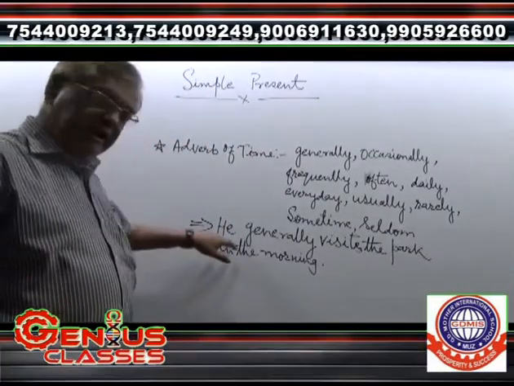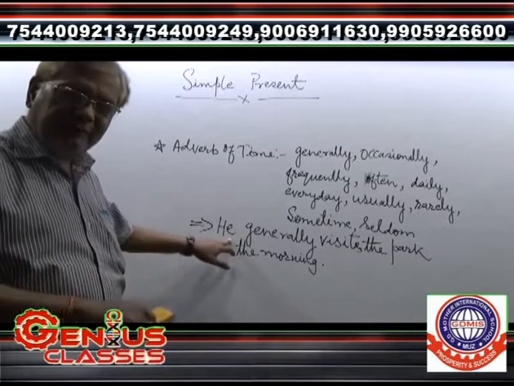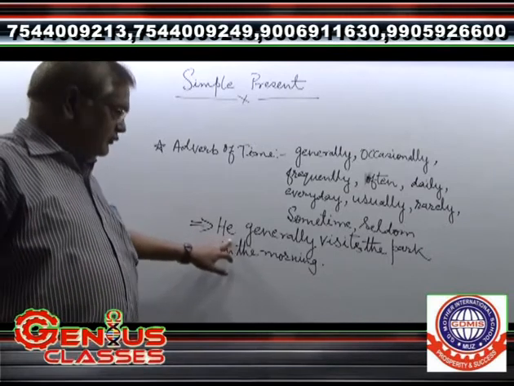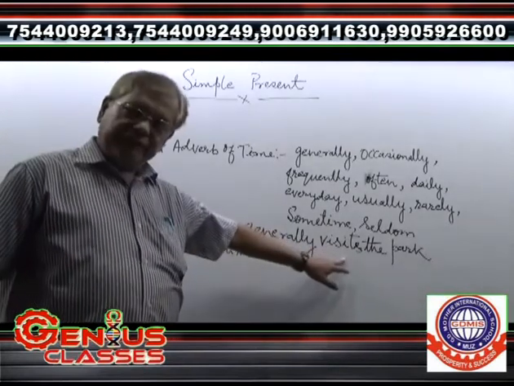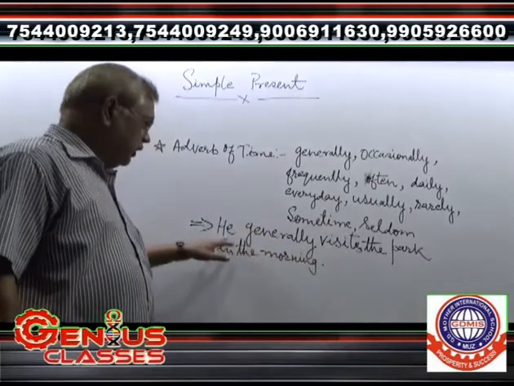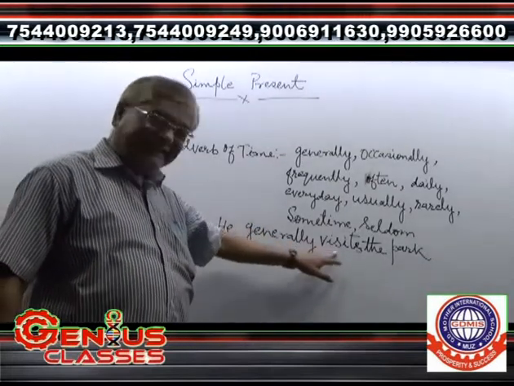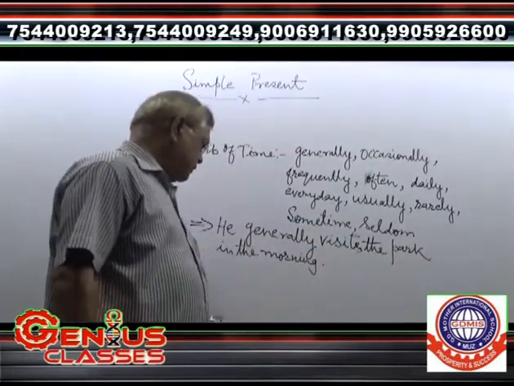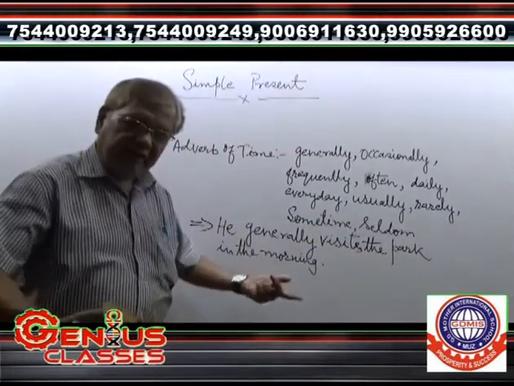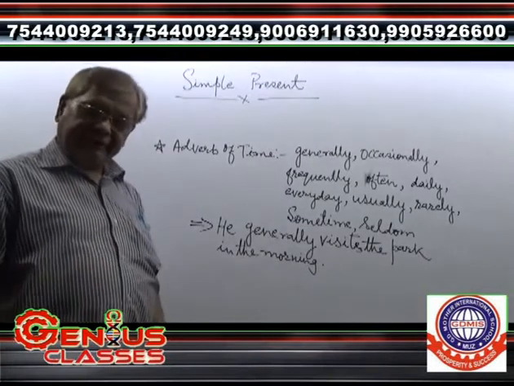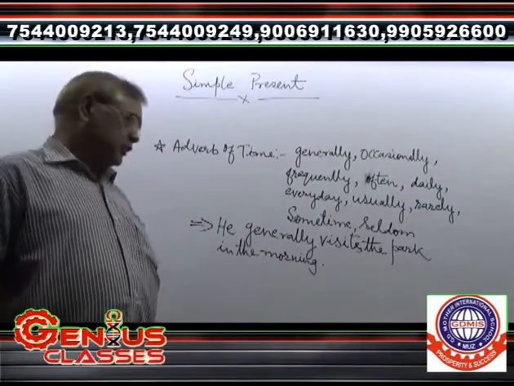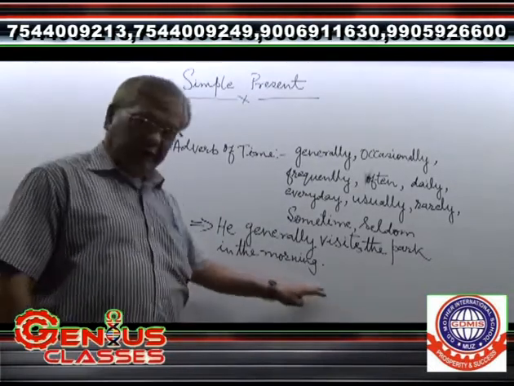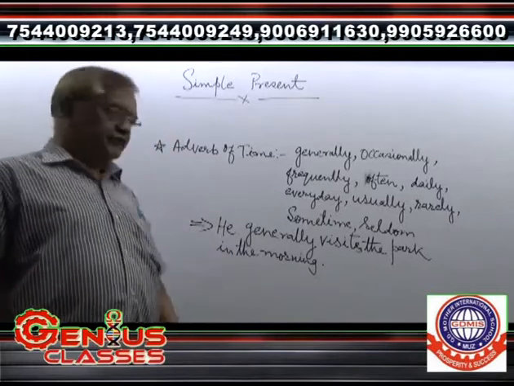So he is a pronoun, third person, and for third person the main verb V5 is used. So he generally visits, then after object, the park, and the group of words as a phrase also can be used, that is in the morning. This is a phrase.